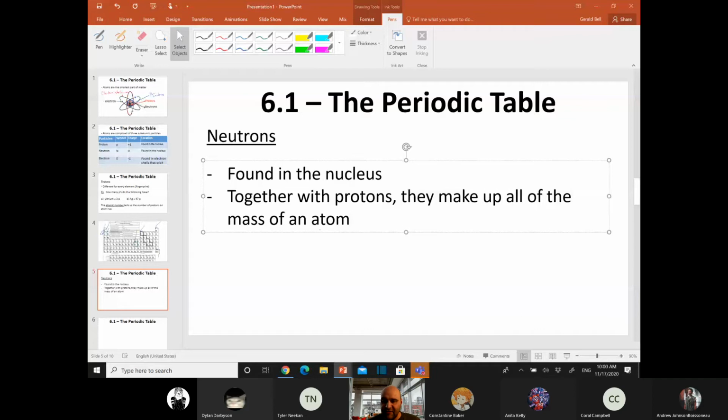Now this is an important point because we've got a second number that we're also interested in on our periodic table. And that's called the mass number. So I'm going to mention something about the mass number here, and then we'll come back to it.